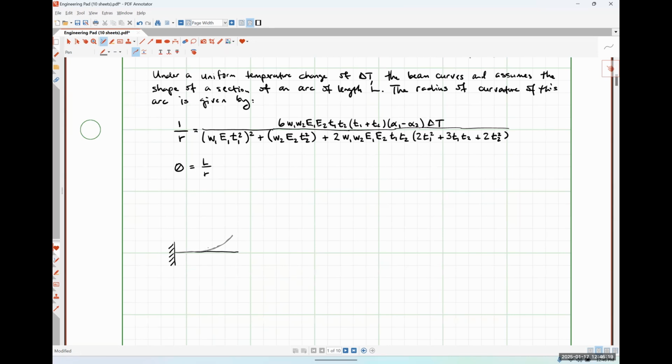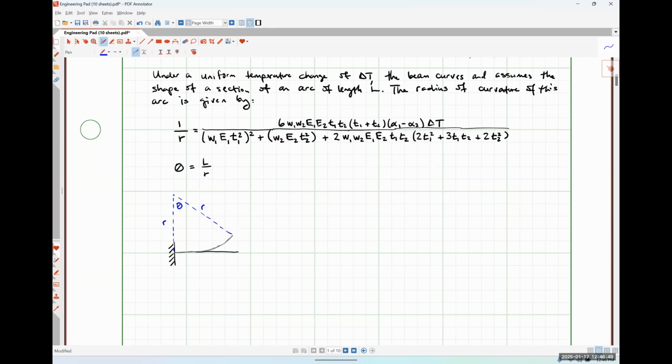And so this distance right here is R. This distance right here is also R because our beam forms an arc length. This angle right here, theta, is the angle of the arc.